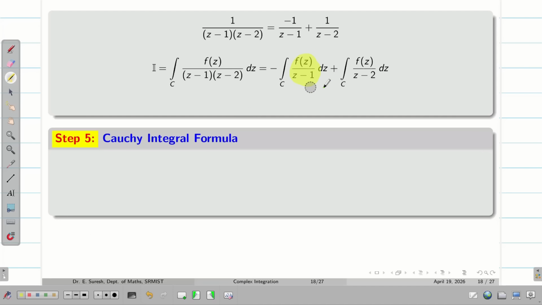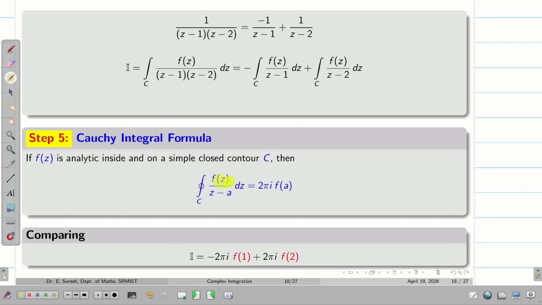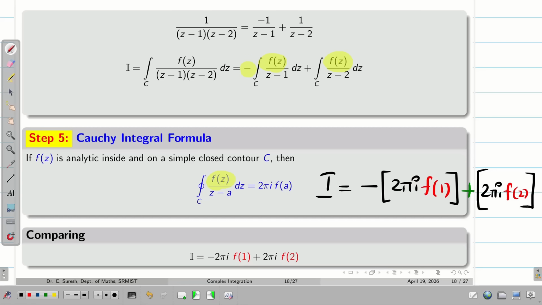Now you are very confident we can apply Cauchy integral formula for this. Comparing Cauchy integral formula with our problem, we can easily write capital I is equal to minus, because in the first term we have minus, 2 pi I into f of 1 plus 2 pi I into f of 2.